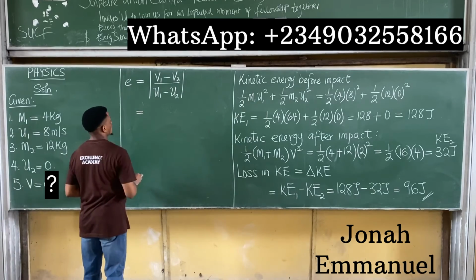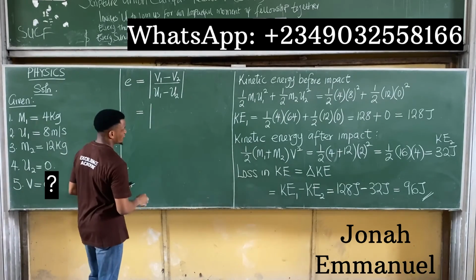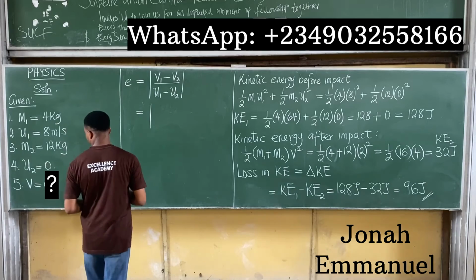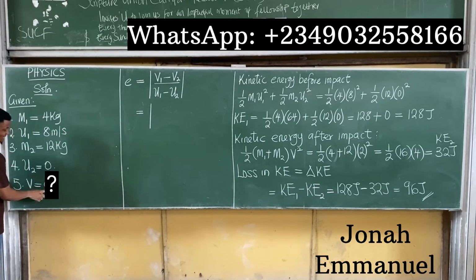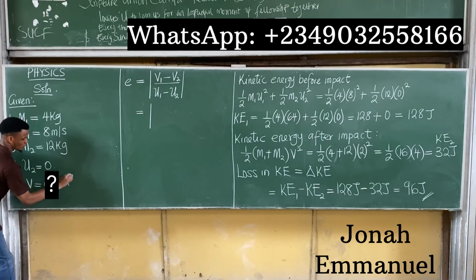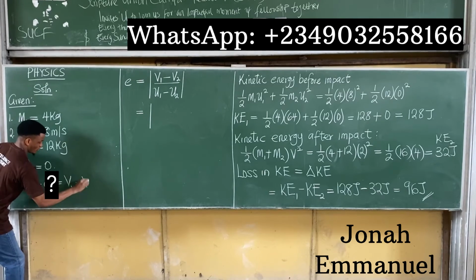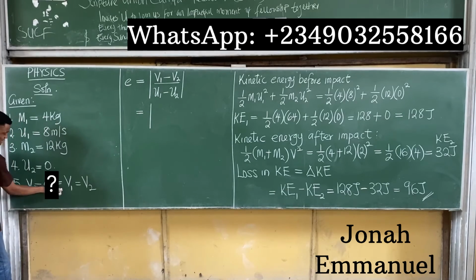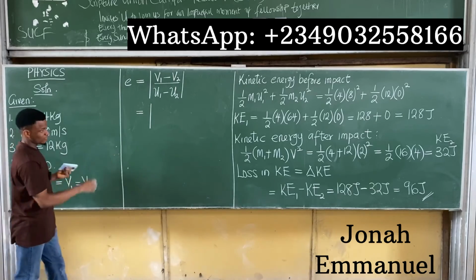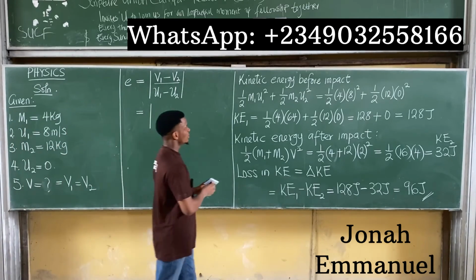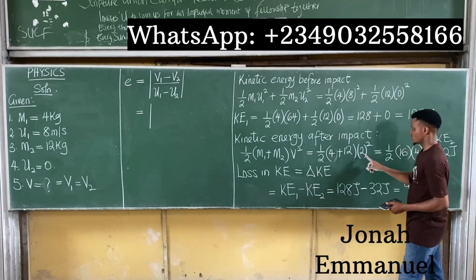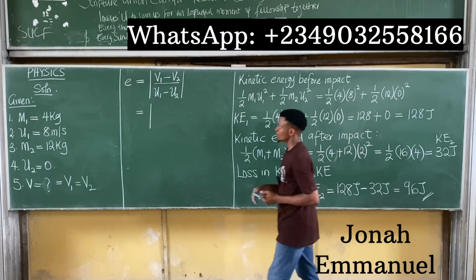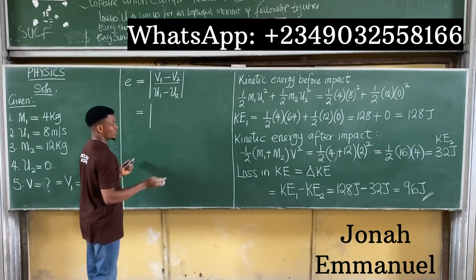So this is equal to the absolute value of V1. Since they move with the same velocity, V is equal to V1 and is equal to V2. V is unknown, but we got V as 2. So V1 is equal to V2, they're the same value.